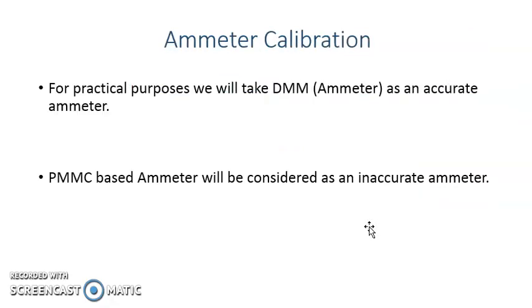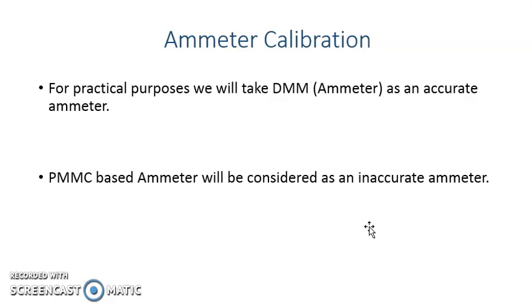So for ammeter calibration, practically we will take DMM and use it as an ammeter. We'll consider it as an accurate ammeter, and the meter that we have constructed in the recent lab using PMMC will be considered as an inaccurate ammeter. We are going to construct the circuit as per the circuit diagram that is already given, using variable resistor, fixed resistor and voltage source.